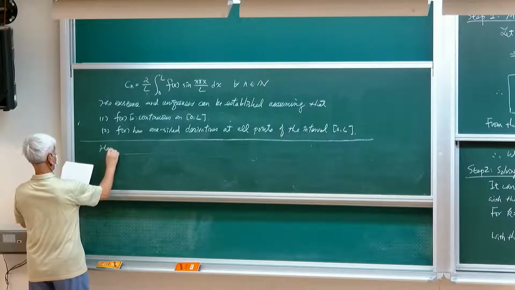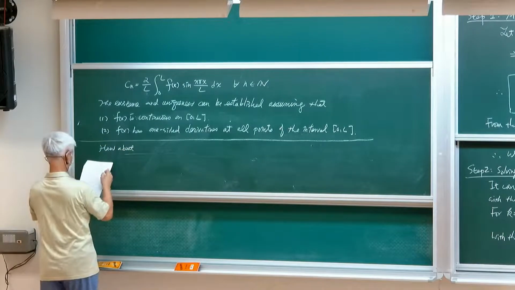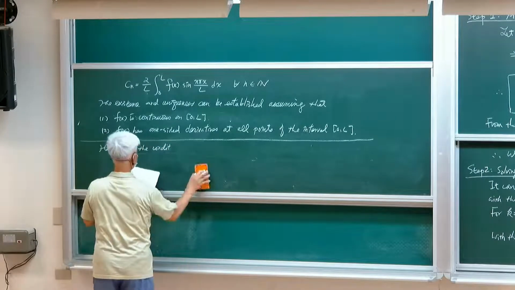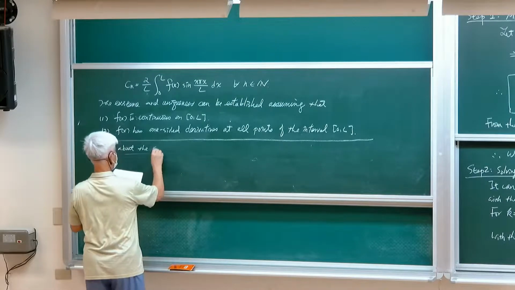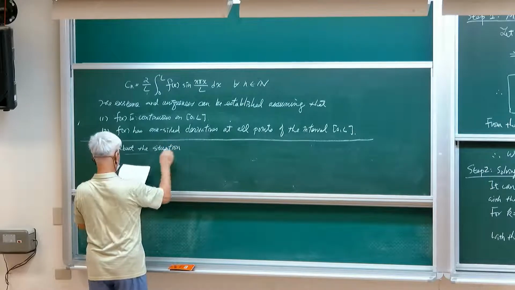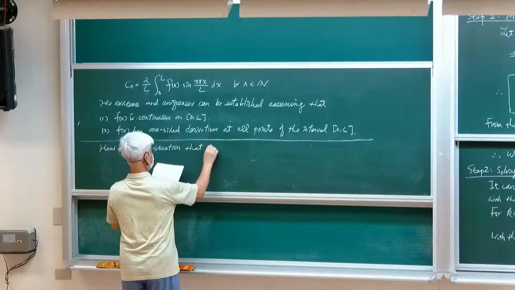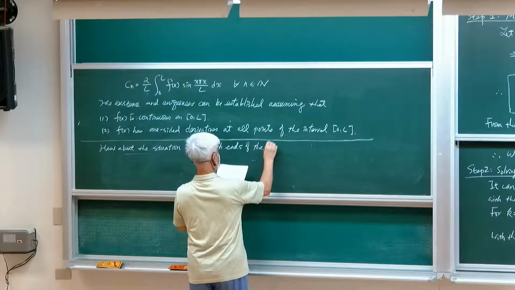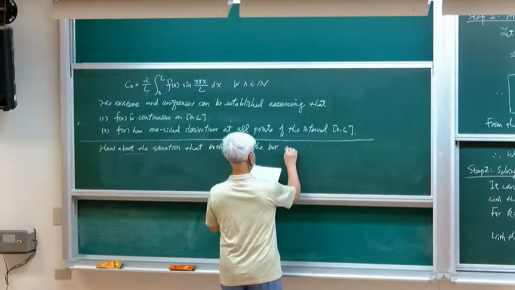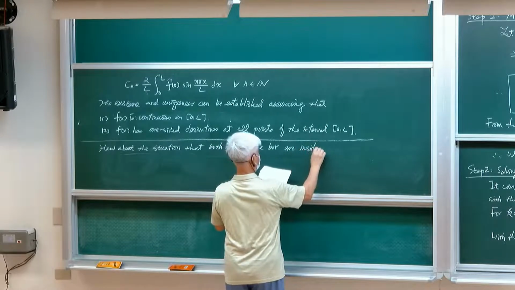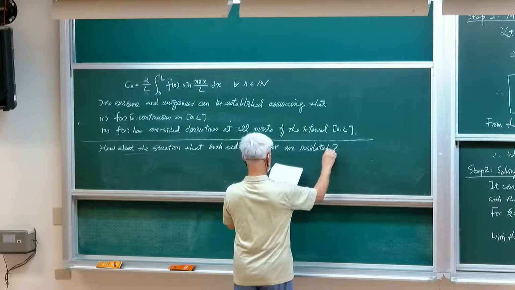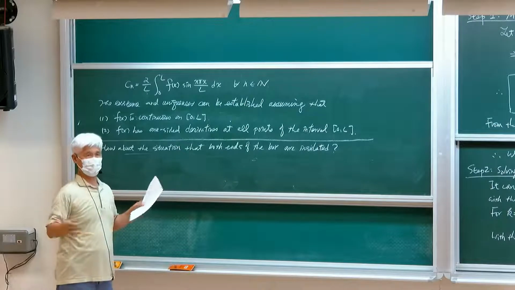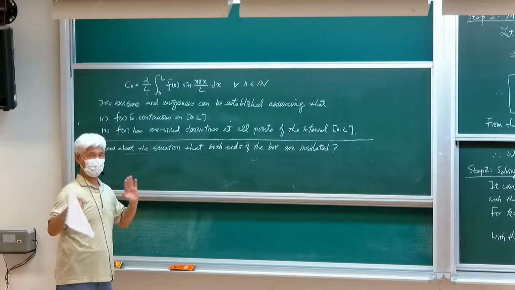How about the condition, so how about the situation that both ends of the bar are insulated? Okay. Insulated means that there is no heat flow from either end of the bar.